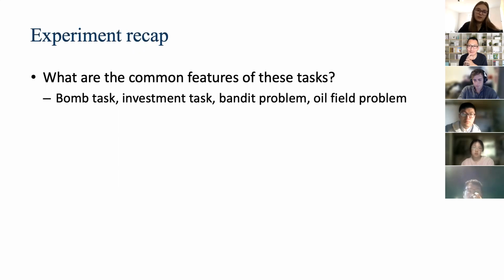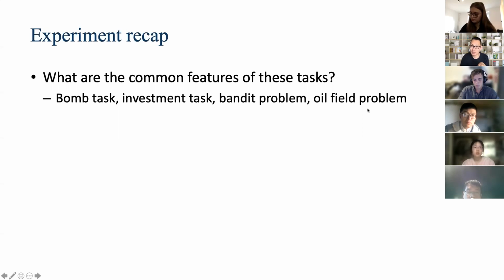But in the oil field problem, you have some knowledge, right? So the payoff is certain, and you can at least influence the payoff. Yeah, that's exactly true. In the bandit problem, the payoff follows a certain distribution. You do not know for sure what payoff you're going to get.